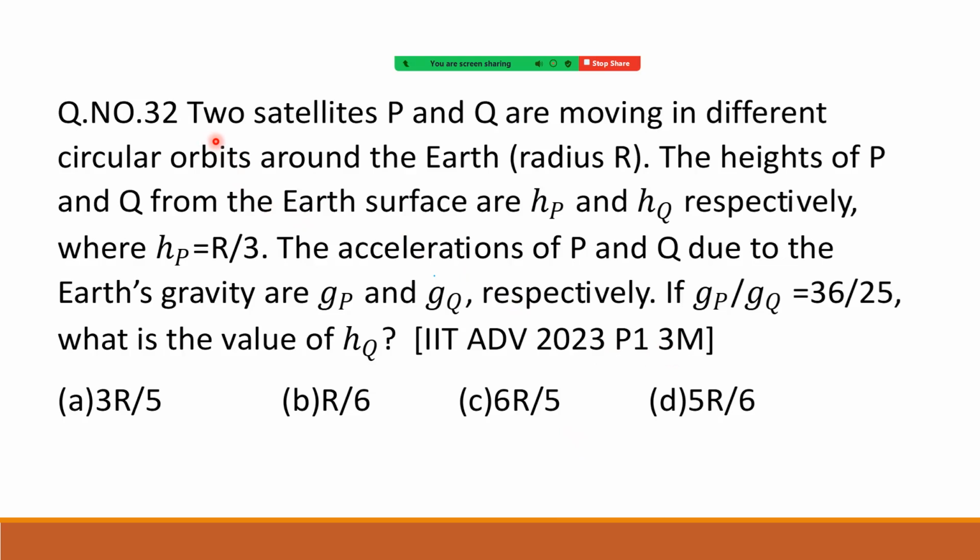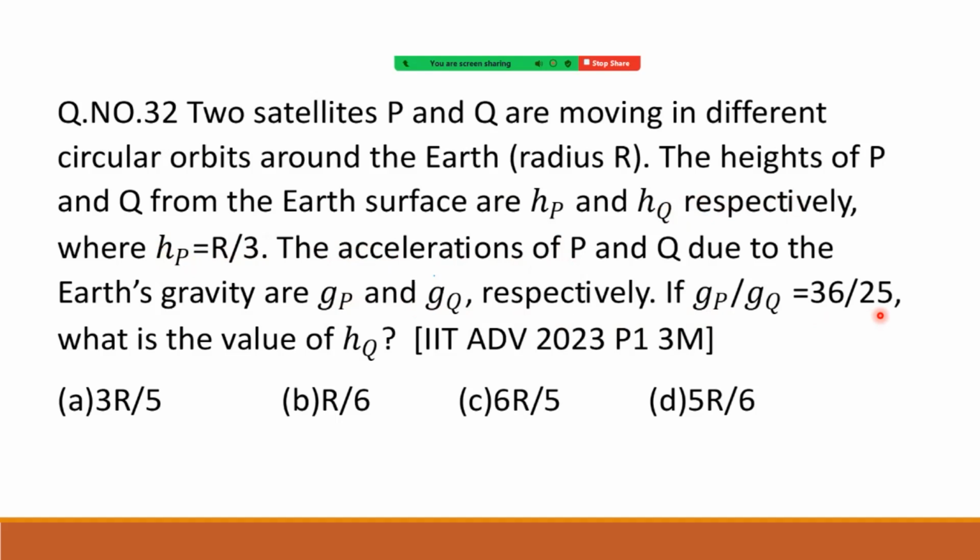See the question given. Two satellites P and Q are moving in different circular orbits around the Earth. The heights of P and Q from the Earth's surface are HP and HQ respectively. Given the HP value, the accelerations due to gravity at P and Q are in the ratio 36 by 25.